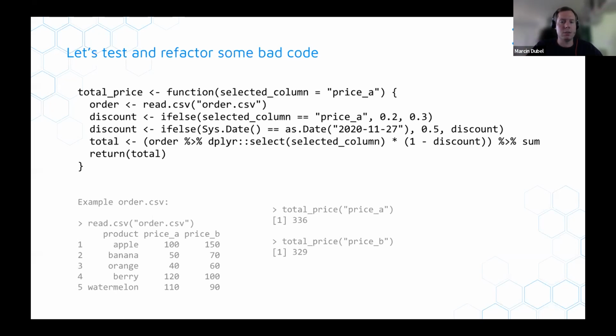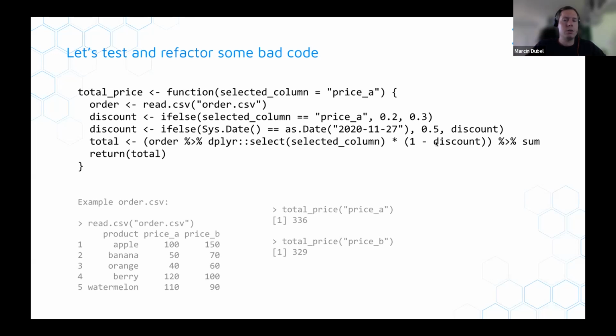My function will actually return something because, okay, it's not price A, so the discount will be 0.3, and all the other stuff, okay, here probably with dplyr select there will be an error. But still, it won't check whether the arguments are fine or not. It will try to continue calculations.